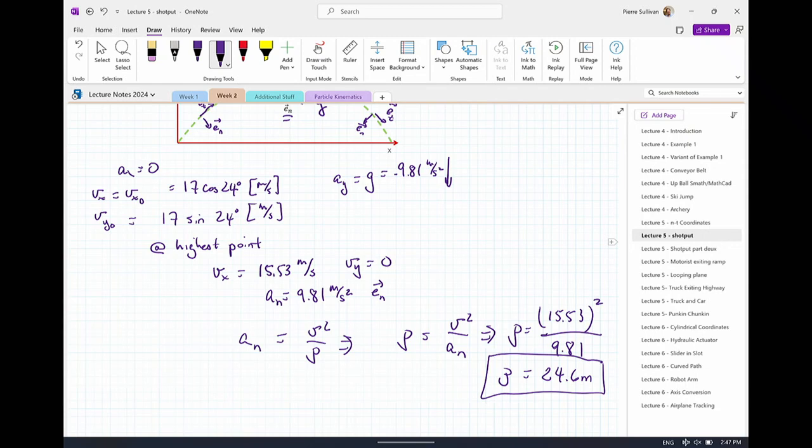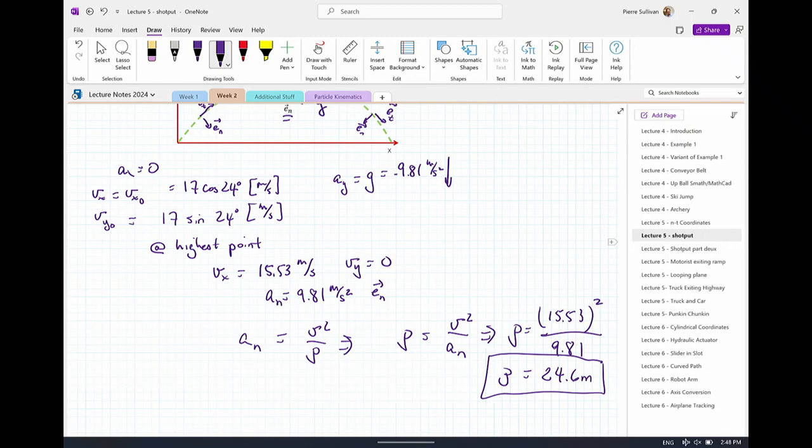So this is a problem where the math is helpful because you can sort of see where the numbers are coming from. But the important point is really to understand that the velocity in the y direction goes to 0 at the top, that the acceleration is now limited and aligned with the y direction. So it's acting downward vertically. And you get 24.6 meters for rho.